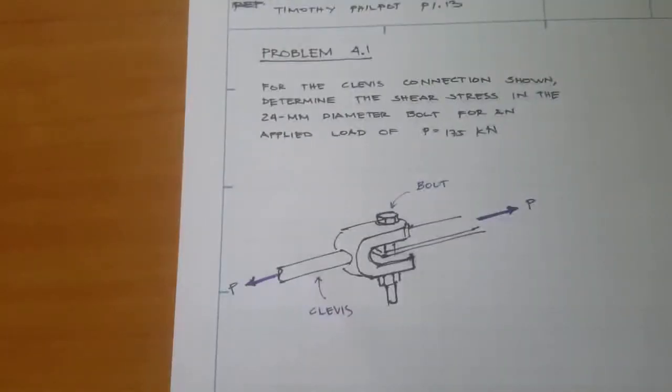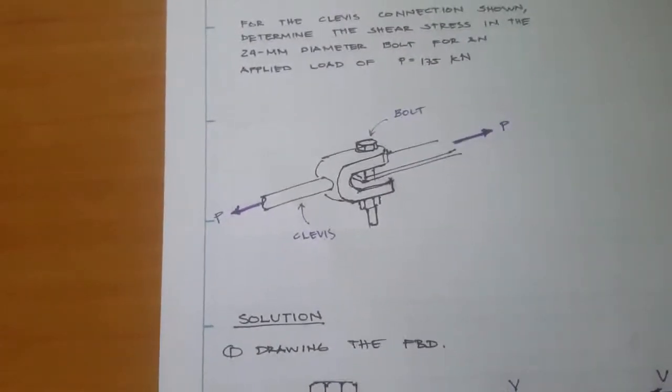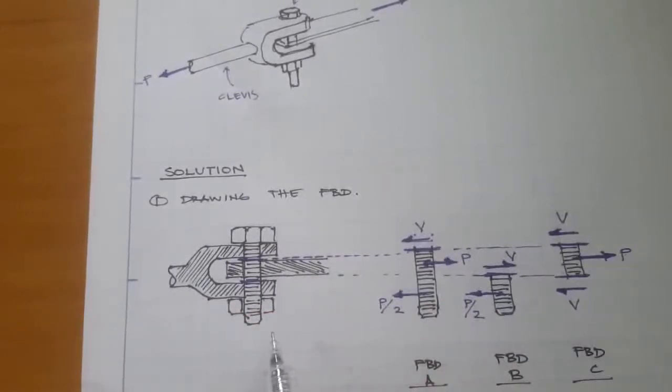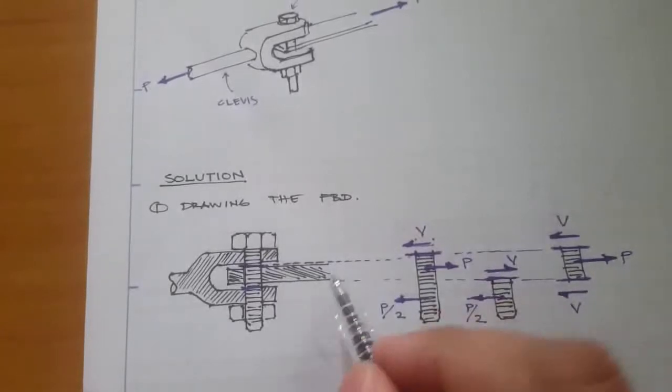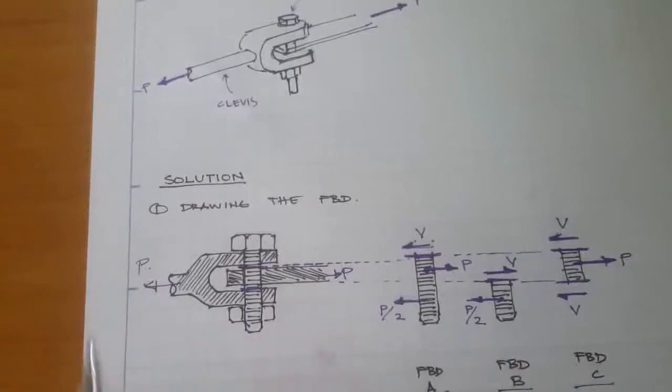For the solution, first let's draw the free body diagram. Right here is the section view, and we have a force P here and another force P going in this direction.